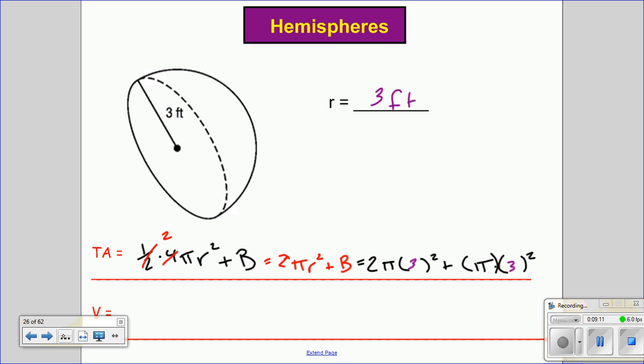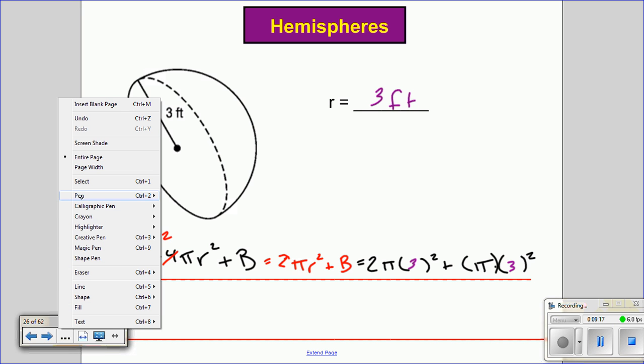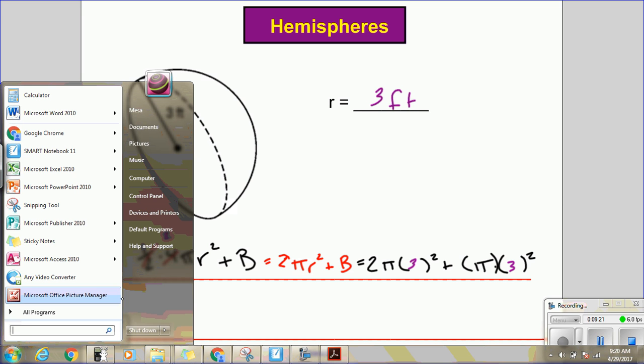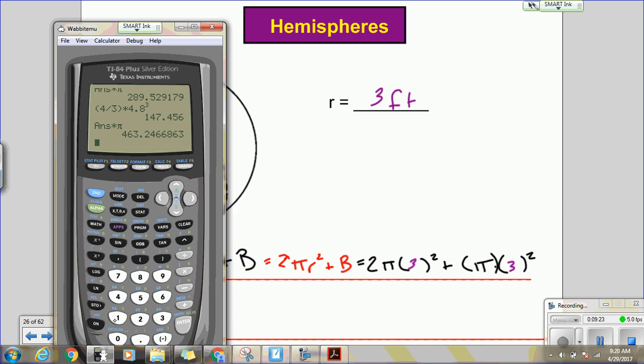So if I want the exact, that means put everything except for pi into the calculator. So I would put 2 times 3 squared plus 3 squared again.